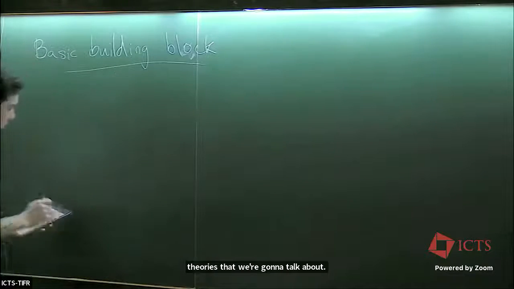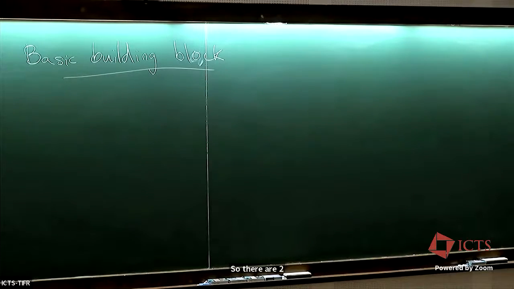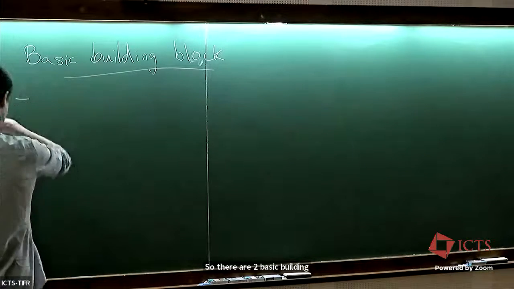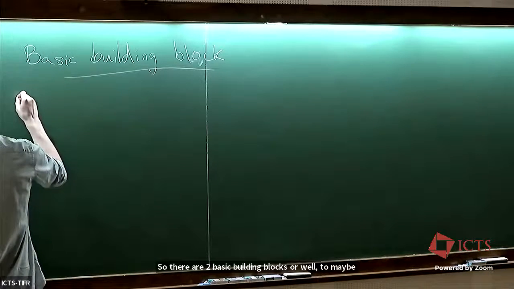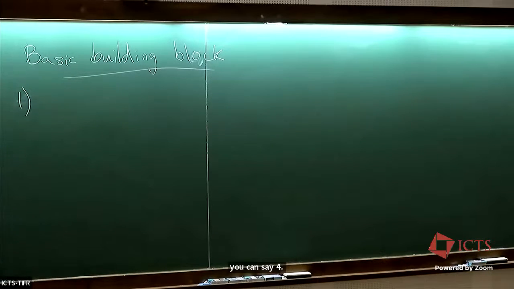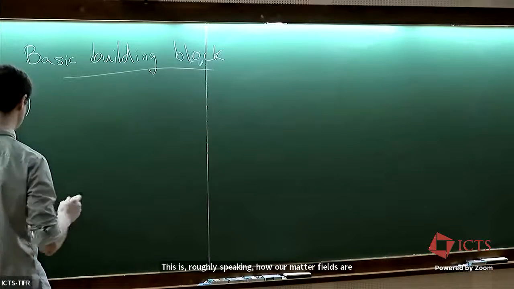So there are two basic building blocks, or well, maybe you could say four. The first one is what's called a hypermultiplet. This is, roughly speaking, how our matter fields are going to be organized.